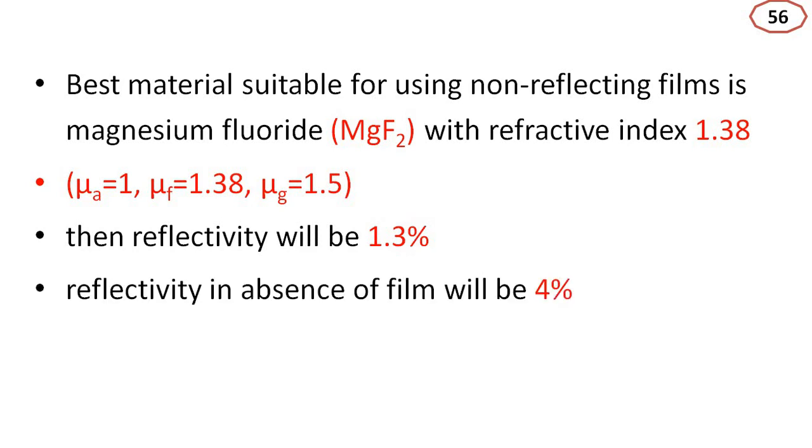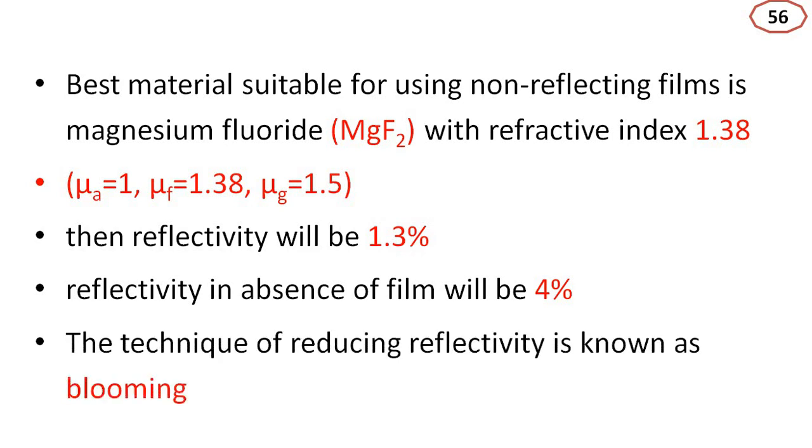For a ground glass, the reflectivity in the absence of film is 4%, which we already discussed. Now that 4% is reduced by using magnesium fluoride and the current value is 1.3%. So this technique of reducing reflectivity is known as blooming. The technique of using a non-reflecting film and reducing reflectivity is known as blooming.